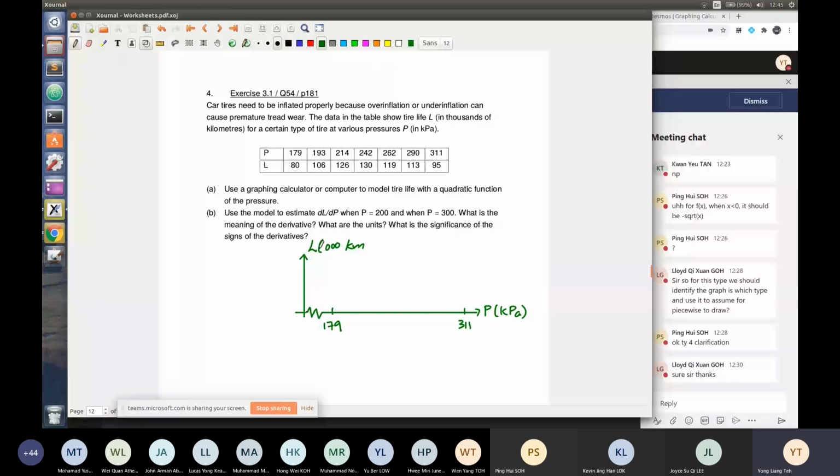The lowest is about 80, and then it goes up and goes back down to 95. So it possibly looks something like that. I have a few points here.